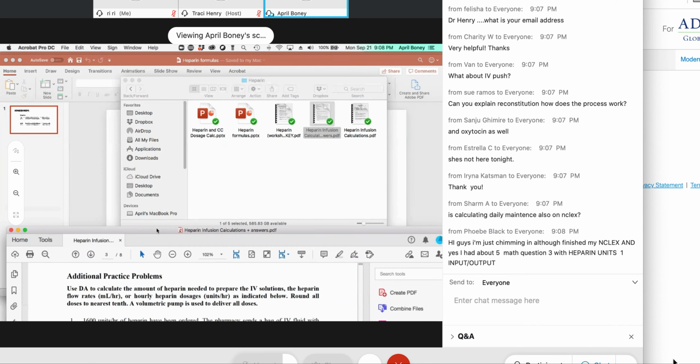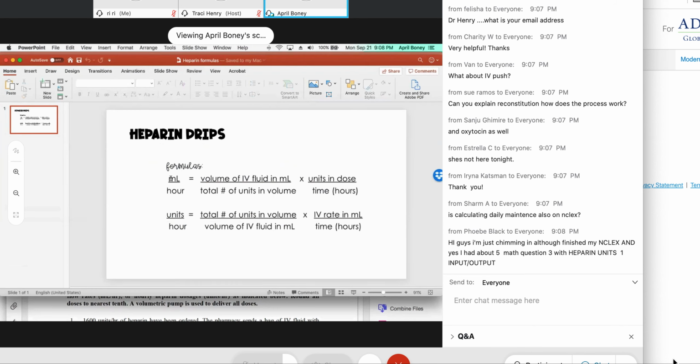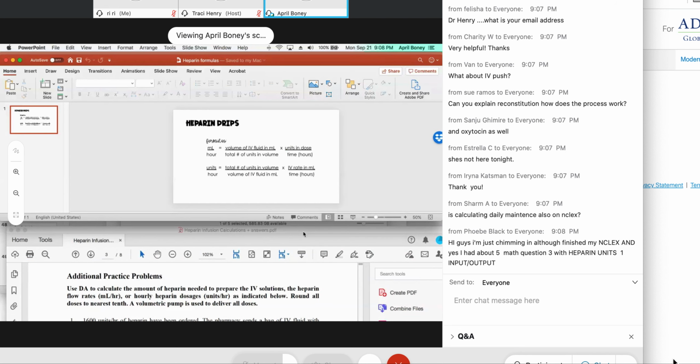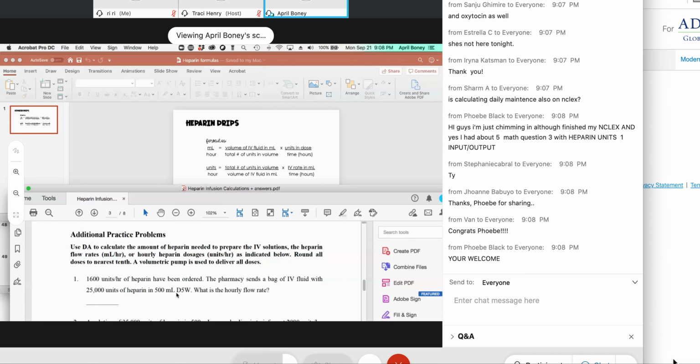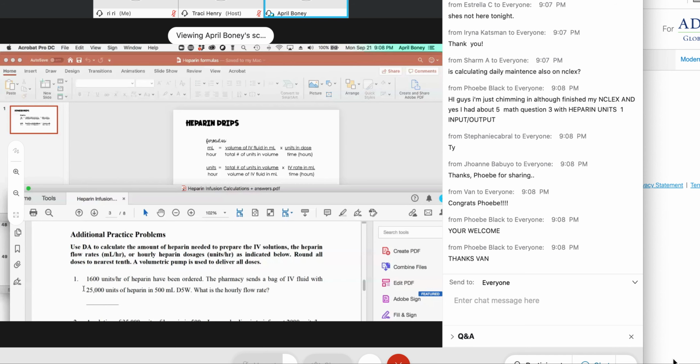So if we go back to our formula, to get milliliters per hour, we take a volume of IV fluid. Our volume of IV fluid was 500 milliliters. We got that from the concentration. And then we're going to divide that by the total number of units in the volume, which they gave us: 25,000 units.